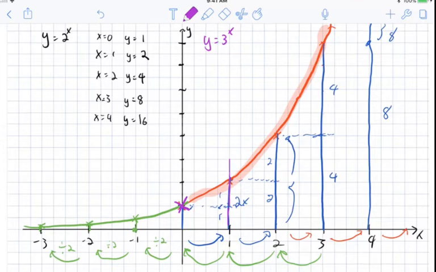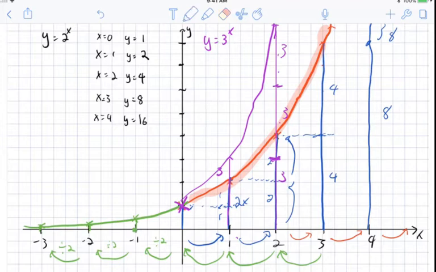So your original height is 1, and then on the next step, you would multiply that by 3. So the original height, 1, 2, 3, the original height, 1, 2, 3, and then the original height. So 3, 3, 3. You would triple it every step for this one. And that would give you a line that comes up much faster than its predecessor.